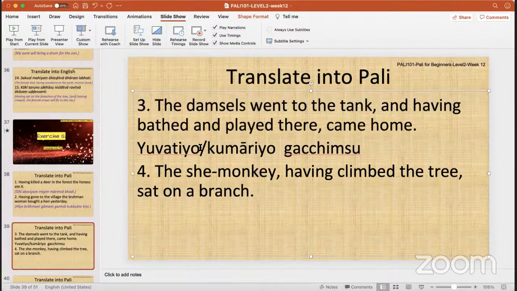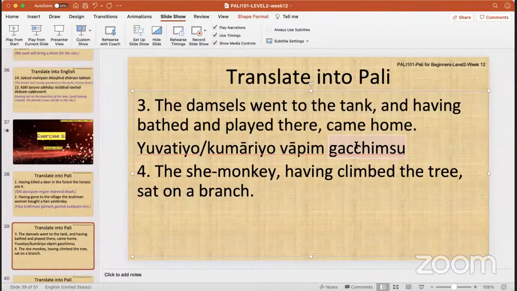So what is the word for tank? Vapi in Pali. Vapim. So yuvatiyo vapim. So we can say gantva, right? Yuvatiyo vapim gantva.